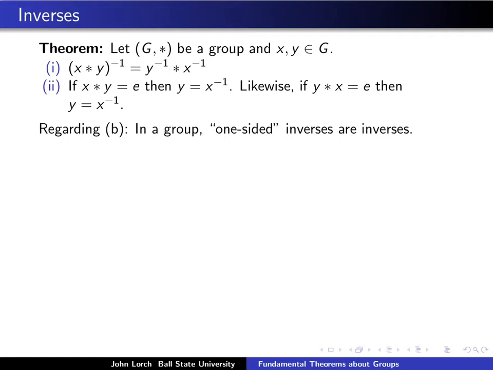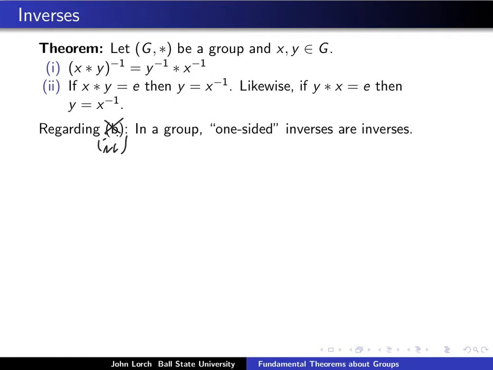The second part of our theorem essentially tells us that one-sided inverses are legitimate inverses. So the point of item 2 is that one-sided inverses are legitimate inverses. So what do we mean by that?